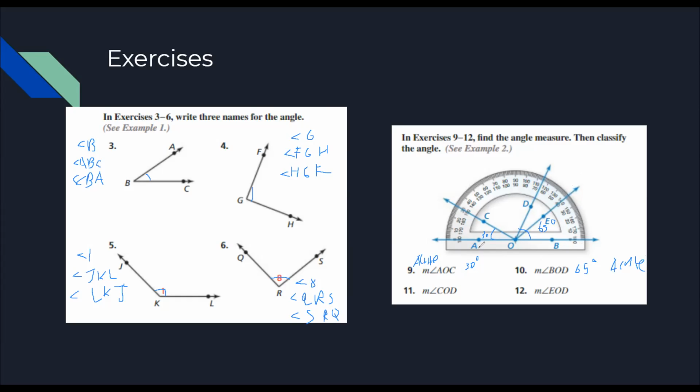For measure of angle COD, it's this part. And then that's between 150 and 115. So that's actually between 150 and 75. So that's 85 degrees.